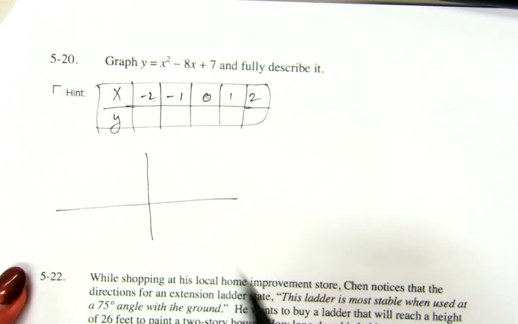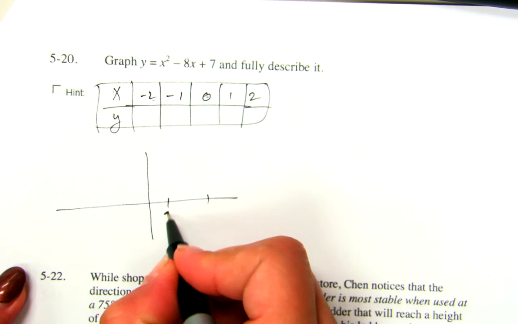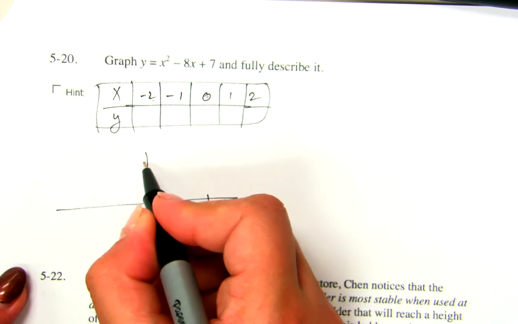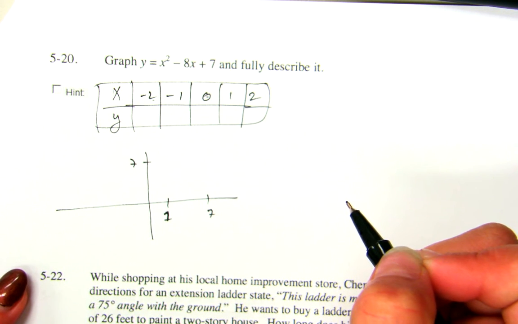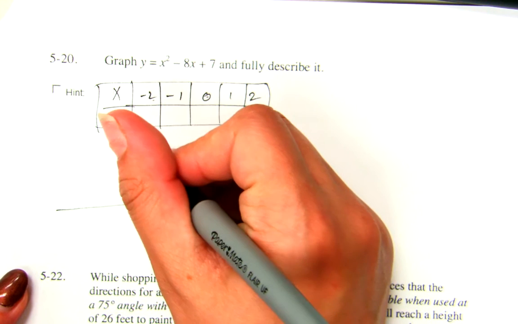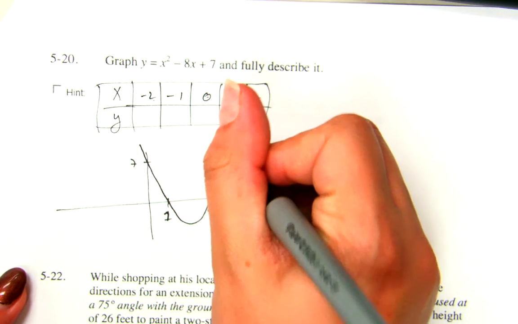I hope you do it correctly. That's all I can say. I'm going to plug the numbers in really quickly. You should get something that kind of goes down like this and then comes back up again at some point.